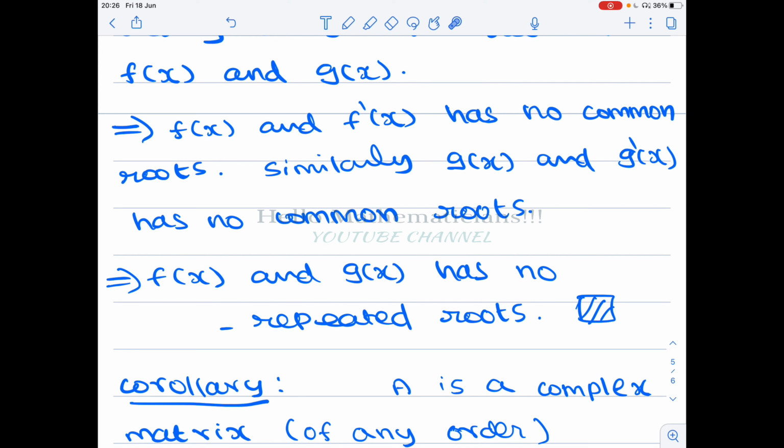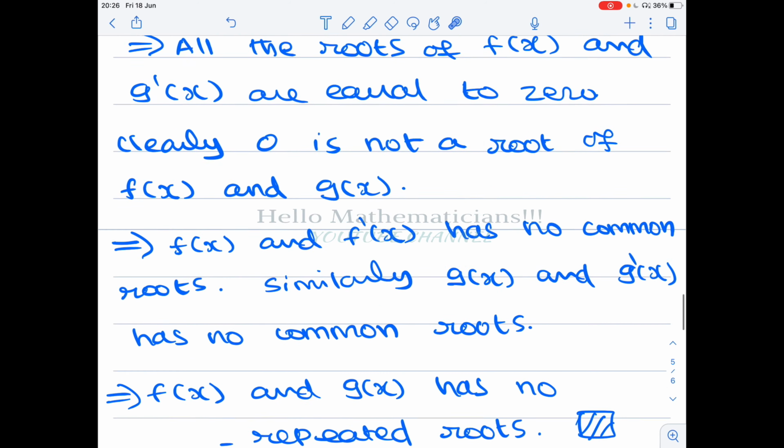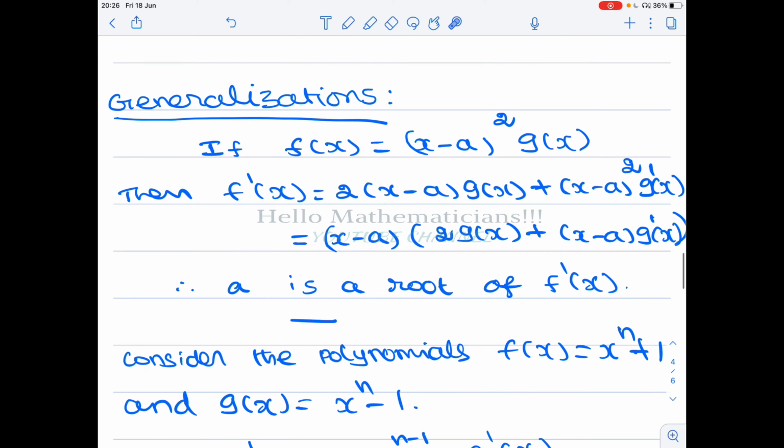Why? Because if alpha appears as a root of f(x) at least two times, then alpha will be a root of f prime(x) also. So if alpha is a repeated root of f(x), then alpha will be a root of f prime(x) also. Why is it so?